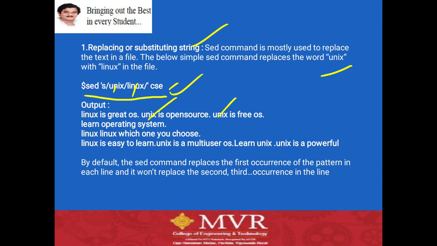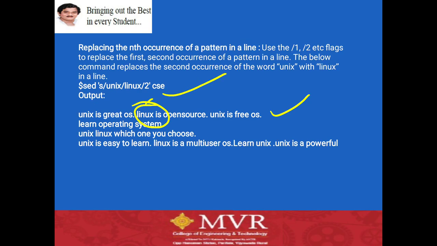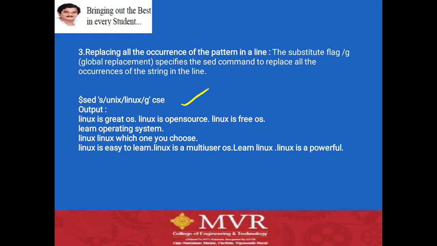The first example is simple: you can replace any given string with another string, but without any options just the first occurrence will be replaced. In the second example, you can replace the nth occurrence, that means second, third or fourth, by specifying the number of the occurrence. In the third case, by using G you can replace all the occurrences.